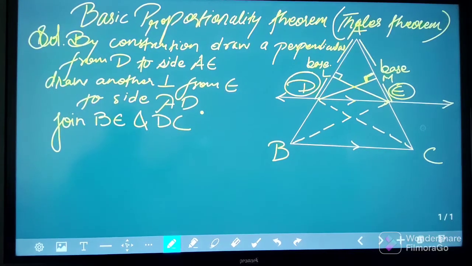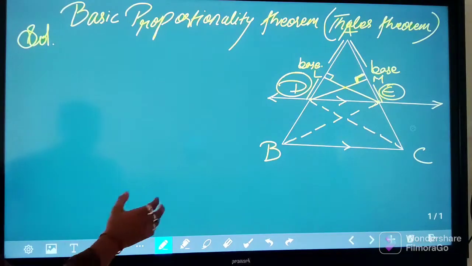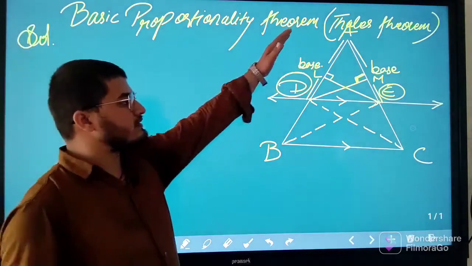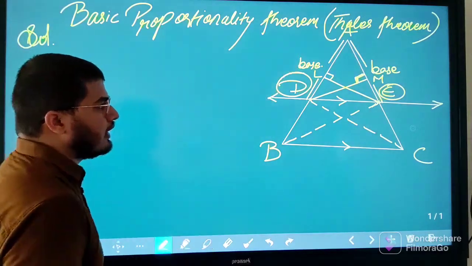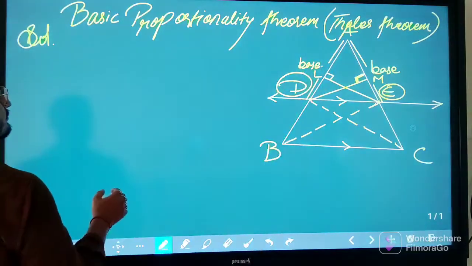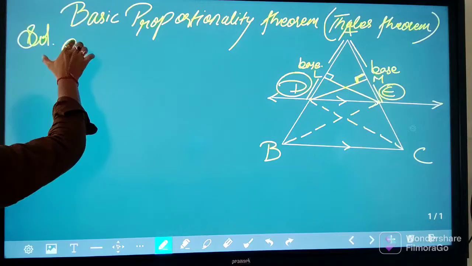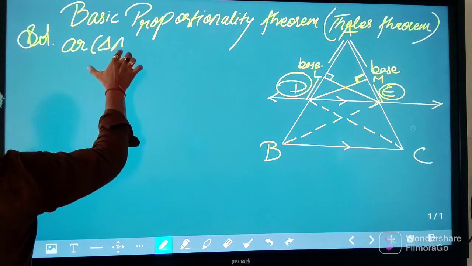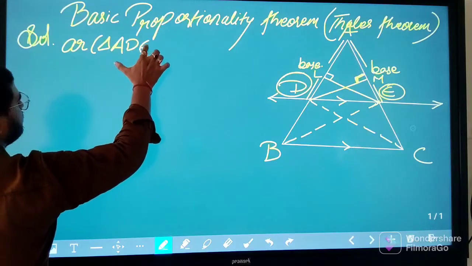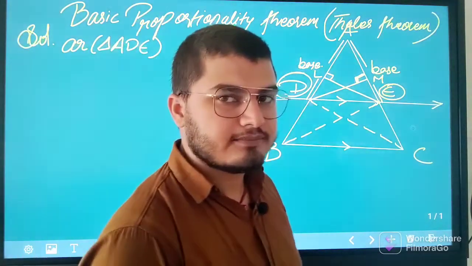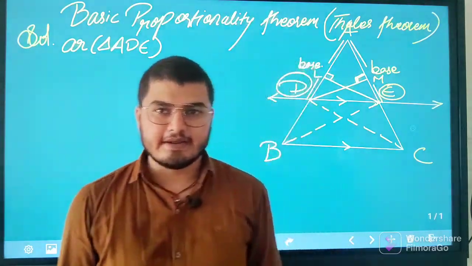So let us see. Now observe this triangle from the left side, that is this side, and if you are able to see the triangle ADE, can you tell me what will be the area of triangle ADE? Do you remember what is the formula of the area of a triangle? Yes, correct.